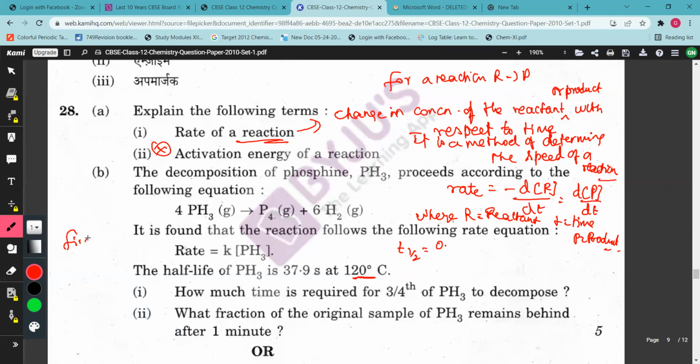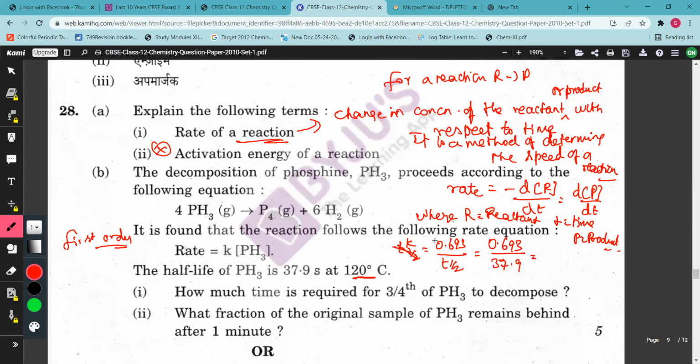And for a first order reaction, how to calculate K using T half? 0.693 by T half will give you K, isn't it? So 0.693 by, what is T half? 37.9.